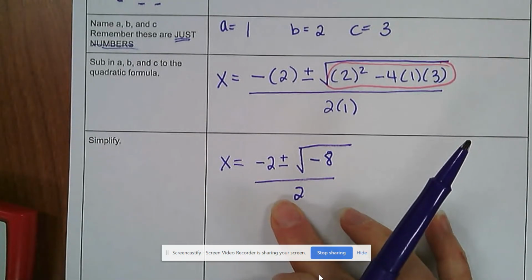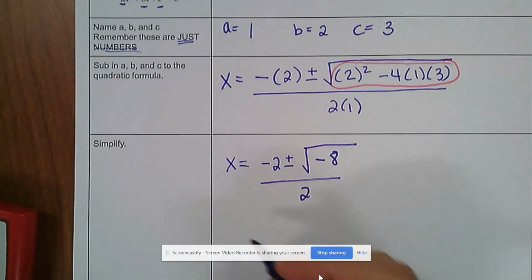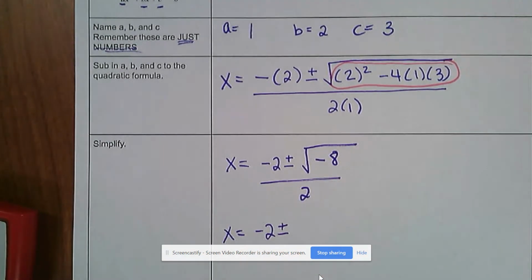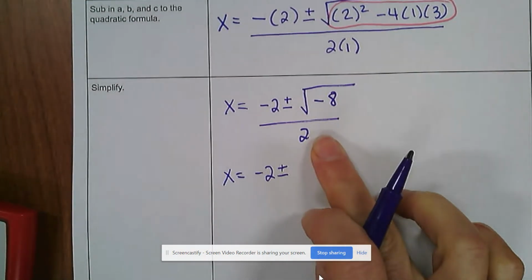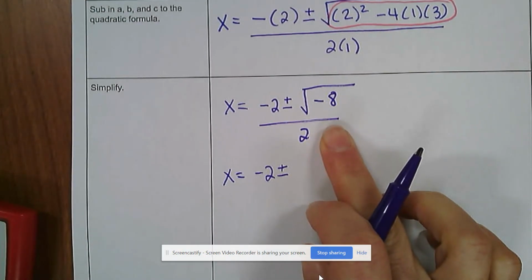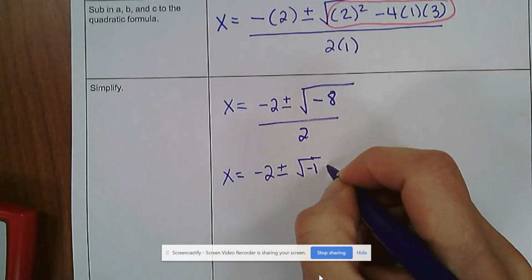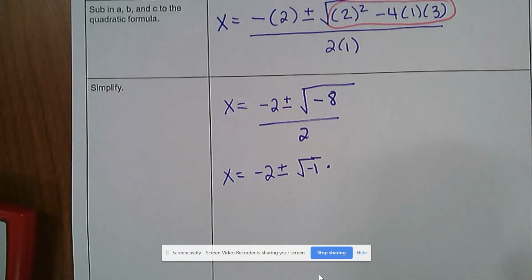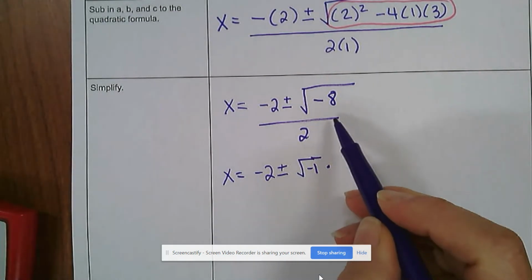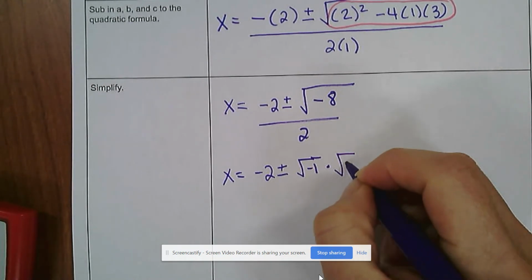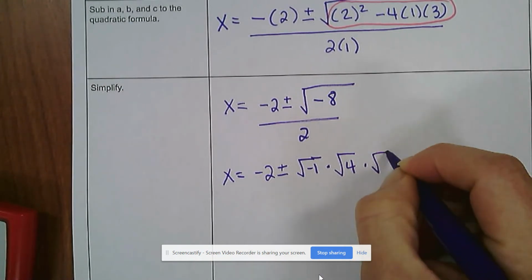So I'm going to keep simplifying this as much as I can. I'm going to write x equals -2 plus and minus. And now I'm going to simplify this radical because we know we cannot have a negative in the radical. So I'm going to pull out that -1, and I'm going to look on my chart or my bookmark, and I'm going to see that the largest perfect square that can go into 8 is 4. And when I divide 8 by 4, I'm left with 2.